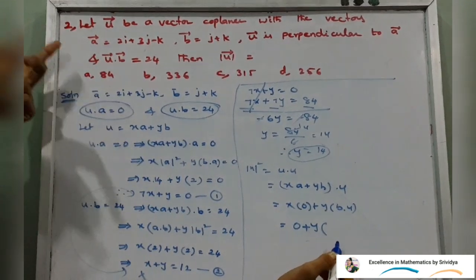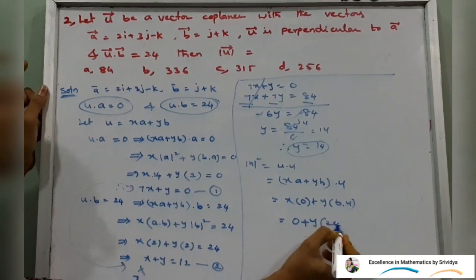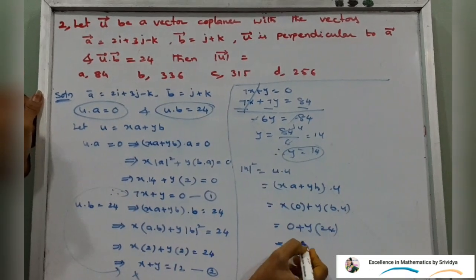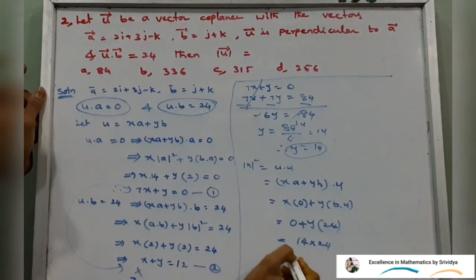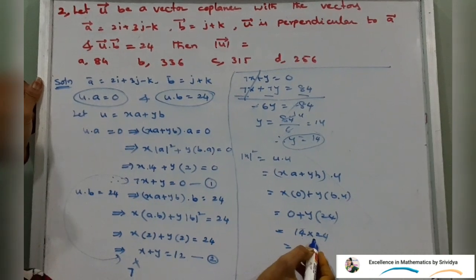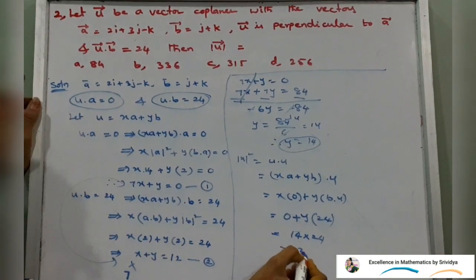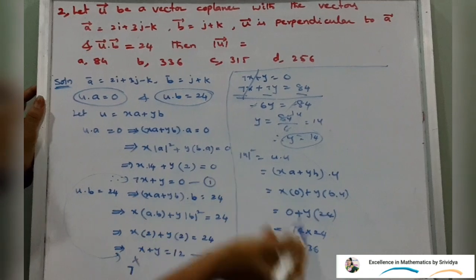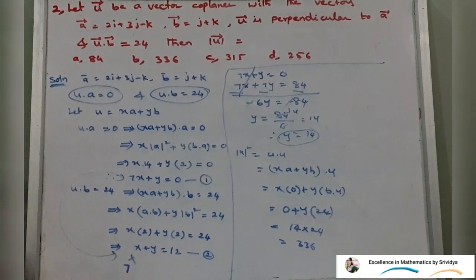B dot u or u dot b, both are the same, 24. But we know that y is equal to 14. So 14 into 24 is 336. Therefore mod u square is 336.